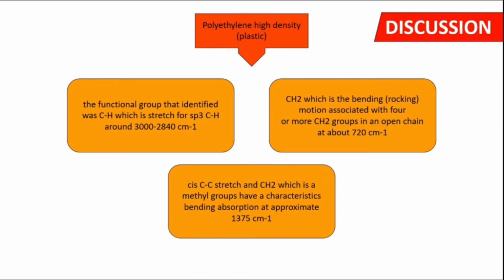CH, which is the bending rocking motion associated with 4 or more CH2 groups in an open chain, is at about 720 cm⁻¹. C-H stretch in CH3, which is a methyl group, has a characteristic bending absorption at approximately 1375 cm⁻¹.